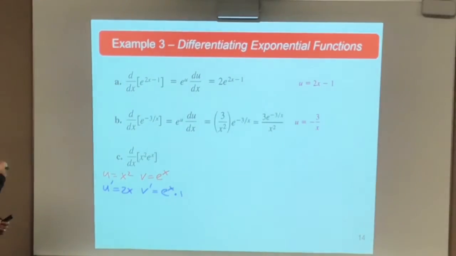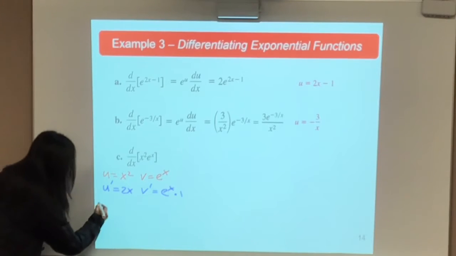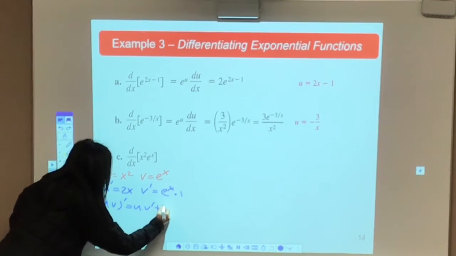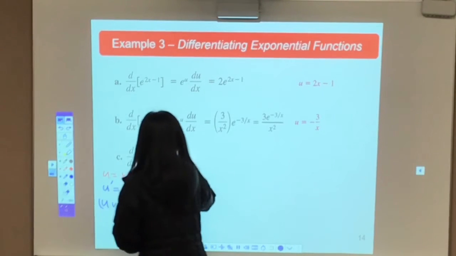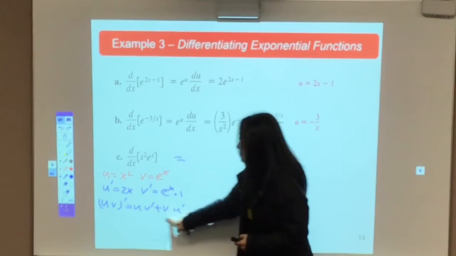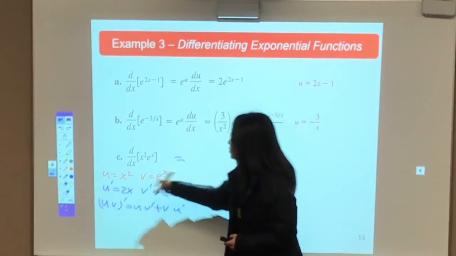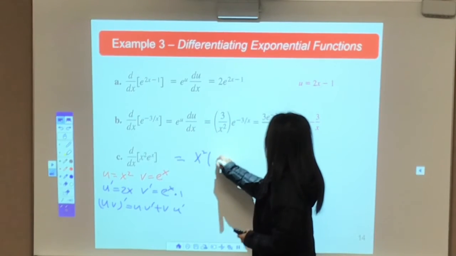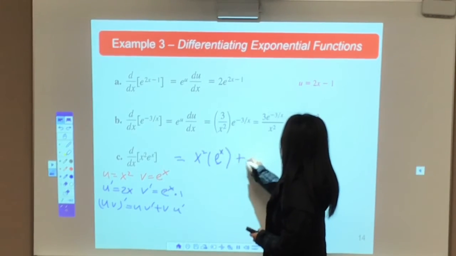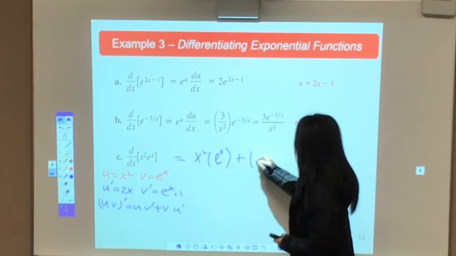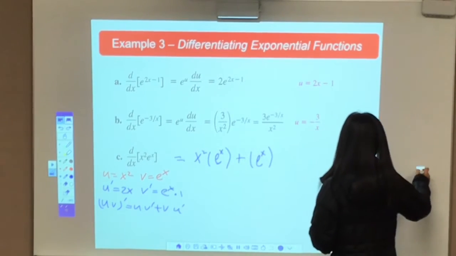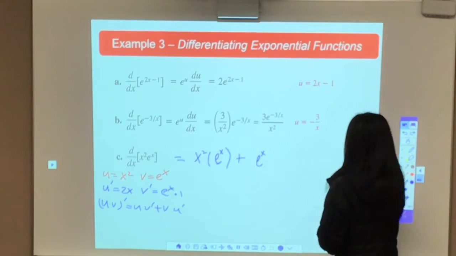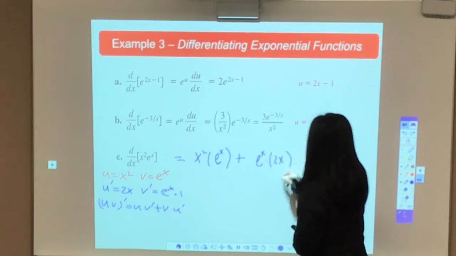All right. So now I'm going to use the product rule. The product rule says u times v prime plus v times u prime. I'm just going to plug it in as the rule says. My u, x squared, times v prime, e to the x, plus e to the x times 2x.